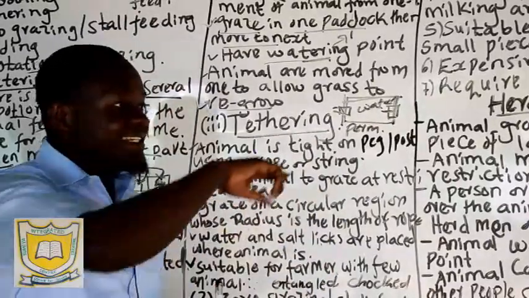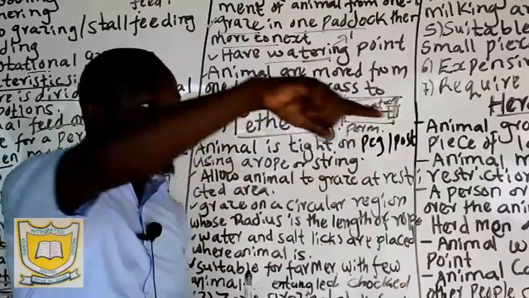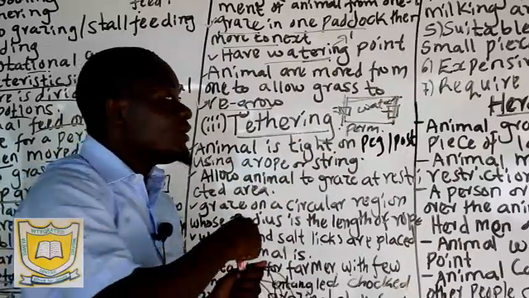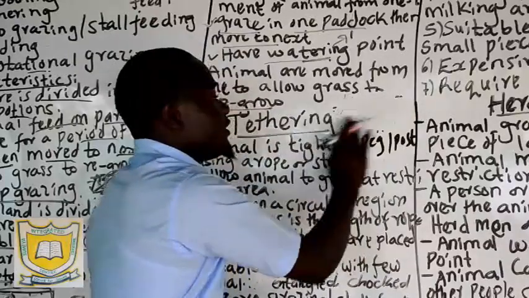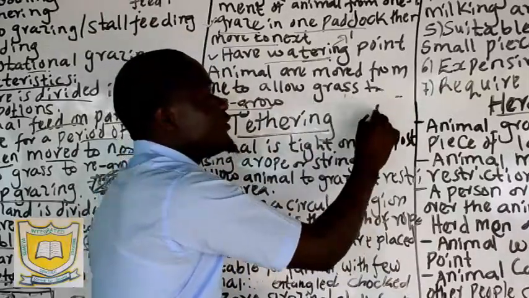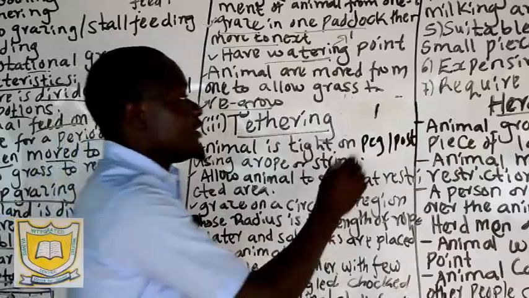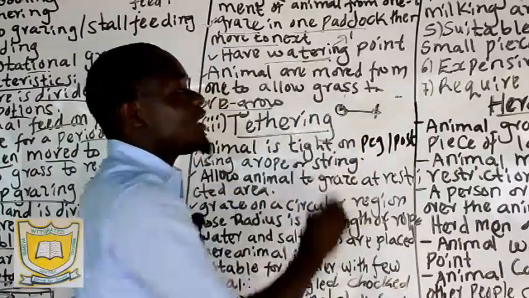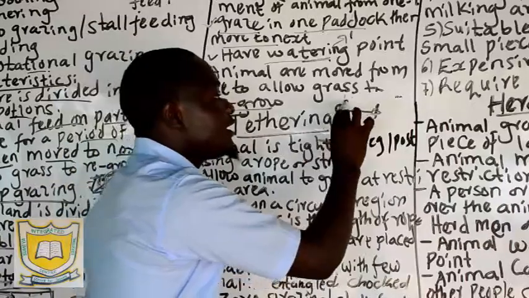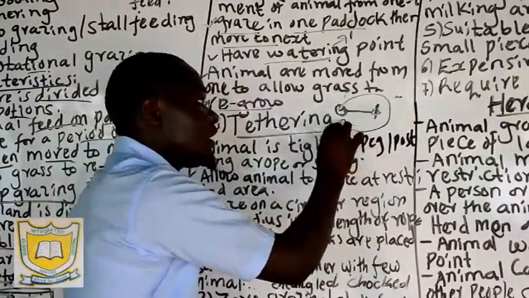The animal is restricted to graze only on a circular area. If this is the peg, we tie our animal here, and the rope controls the animal's movement. The animal will graze around the peg like that.